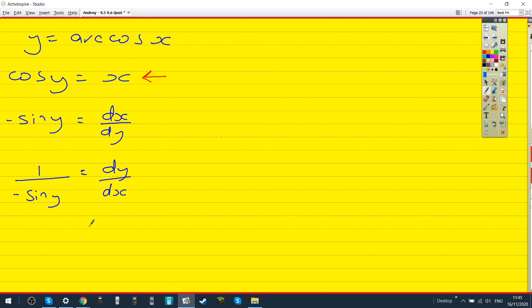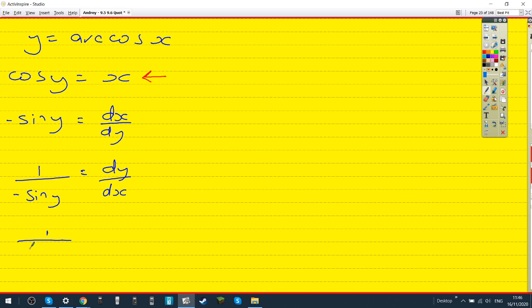Do I need to now change that into sine y? Yeah, or you could change this one into cos, however you do it. So if I change minus sine y into cos y, that'd be 1 minus cos squared y. Let's say, and don't forget the square root, square root of 1 minus cos squared y.